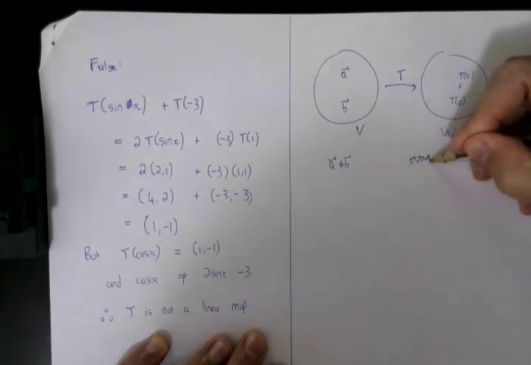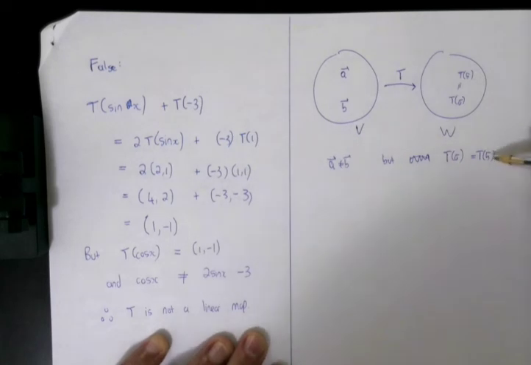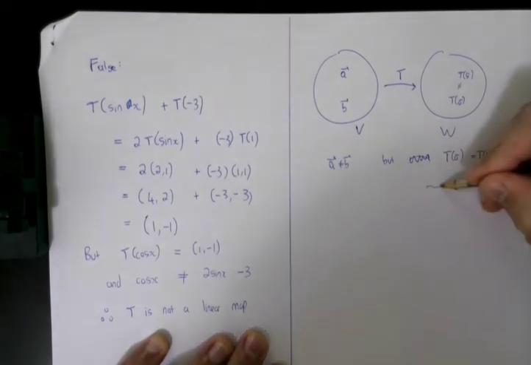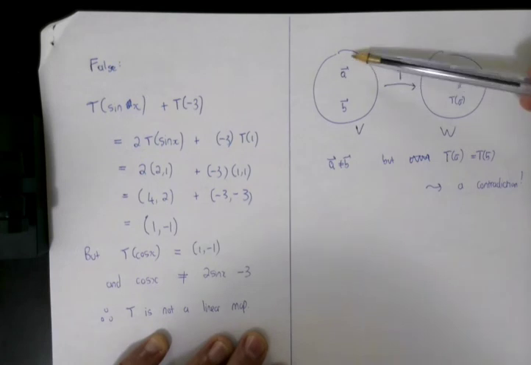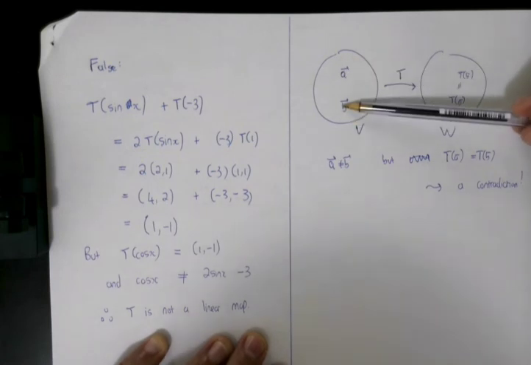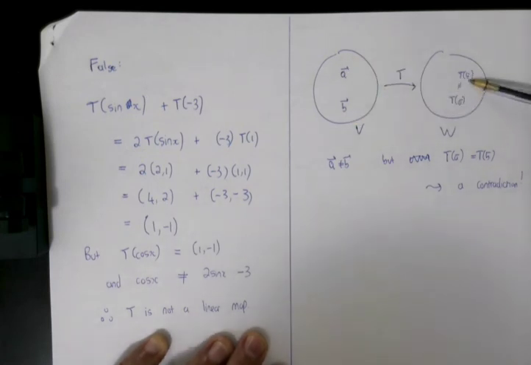So A is not equal to B, but T of A is equal to T of B, and this is not a contradiction, because it's totally okay to have two elements that are not the same here, and when you map them over, they become the same.